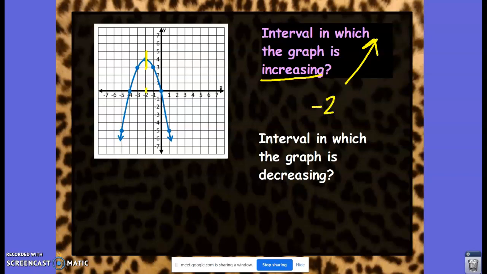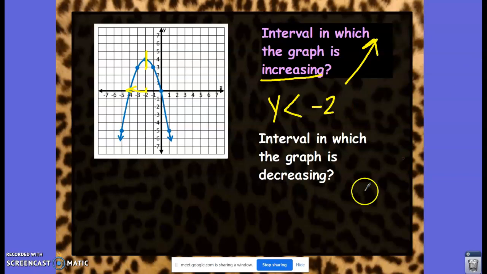Now, if it's asking where it's increasing, it only cares about this left-hand side of the graph. So it's saying from -2 and down, this graph is increasing. Because you're not talking about the direction you're going, you're talking about where the graph is a positive slope. So when y is less than -2, your graph is increasing.